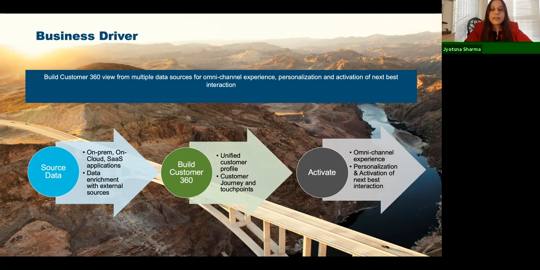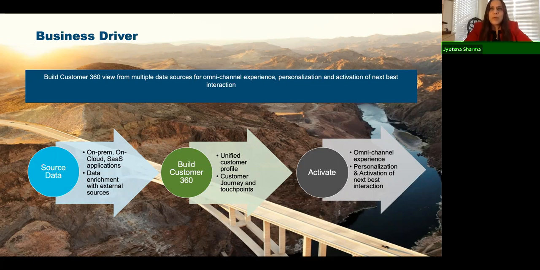As part of this journey within global distribution and marketing services, one of the many goals and objectives has been to provide an omnichannel experience for customers, personalize and activate the next best interaction, the next best action, or the next best service in real time that truly delights our customers.